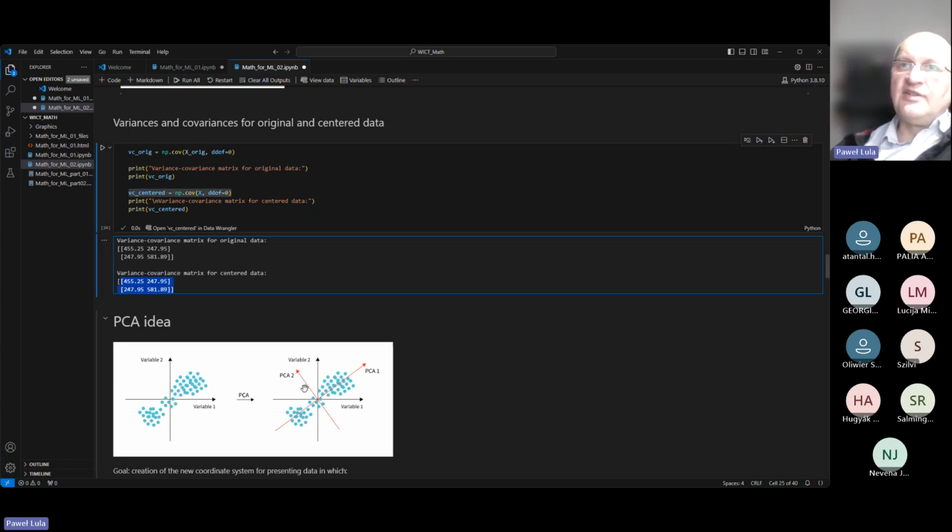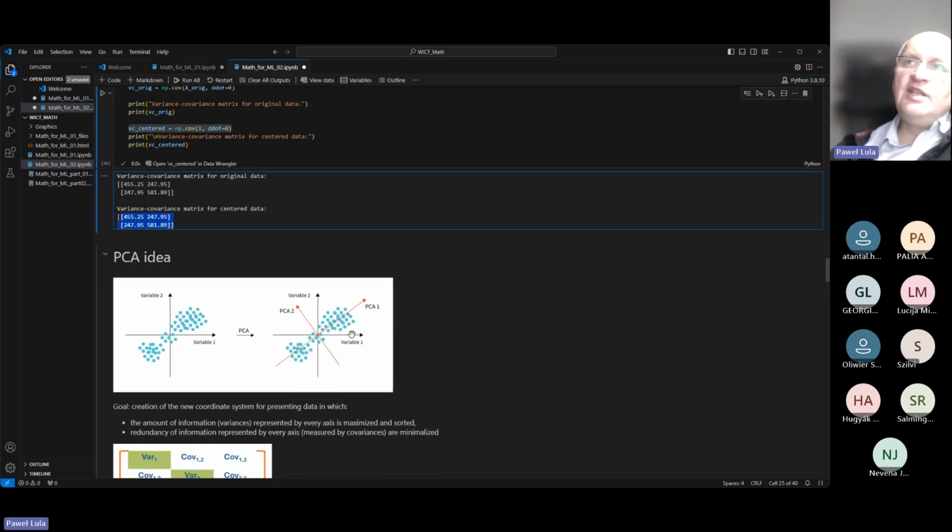Principal component analysis. The main idea of principal component analysis is to build a new coordinate system, which also has its origin in the point 0, 0. So this new coordinate system is presented here using these red arrows.